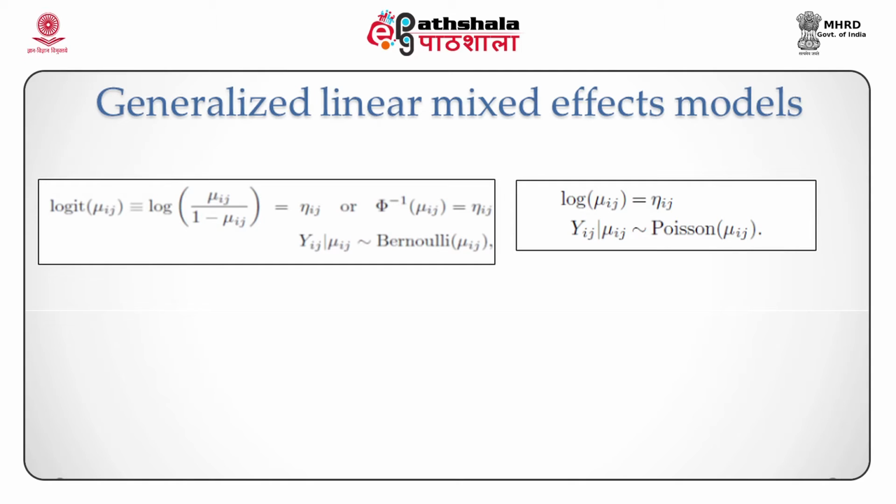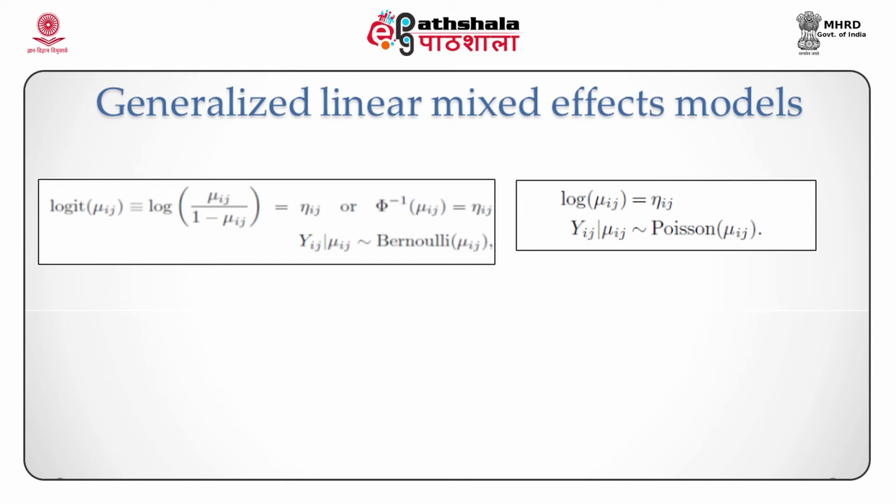Our assumption here is that yij given mu ij follows the Bernoulli distribution with mean mu ij. We can have the corresponding model for counts. So here log of mu ij is equal to eta ij, where yij given mu ij is assumed to follow Poisson with mean mu ij. Now eta ij in either case is given by xij prime beta plus zij prime bi.